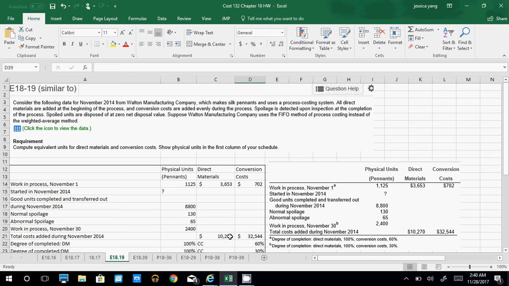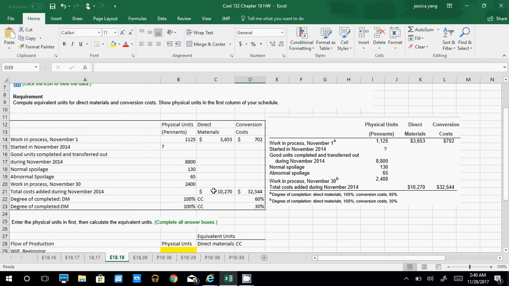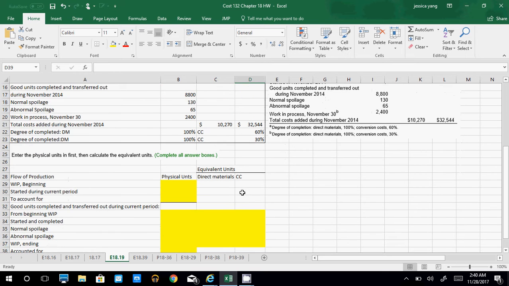So we are given a set of information, and with it we are required to compute the equivalent units for direct material and conversion costs. Before we can do this, we need to start off with the flow of production. I have already pre-filled the template, so that we can speed things up.